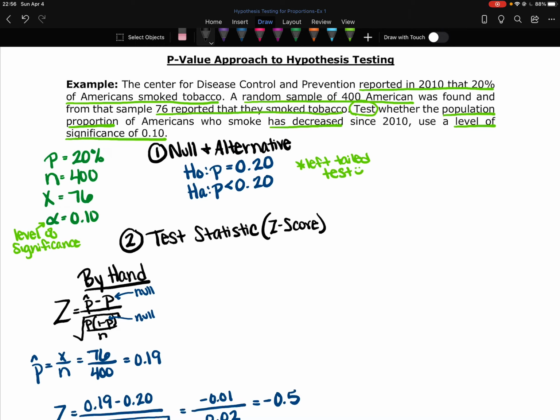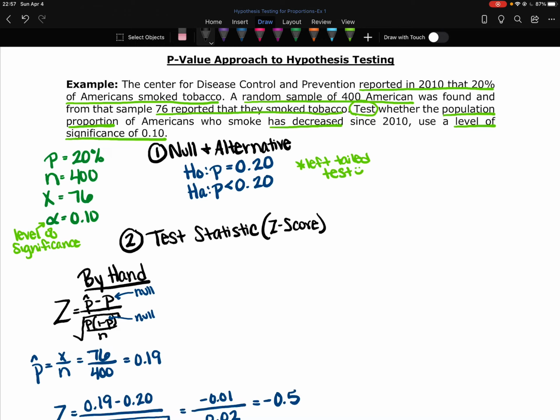In the larger 4-step process of stating your claims, collecting your data, assessing everything, and then coming up with a conclusion, that second step where you collect your data, you look at your graphs, you look at your charts, part of that step would be looking at the central limit theorem and making sure that you have a normal distribution. If you don't have a normal distribution, you can't do a hypothesis test.